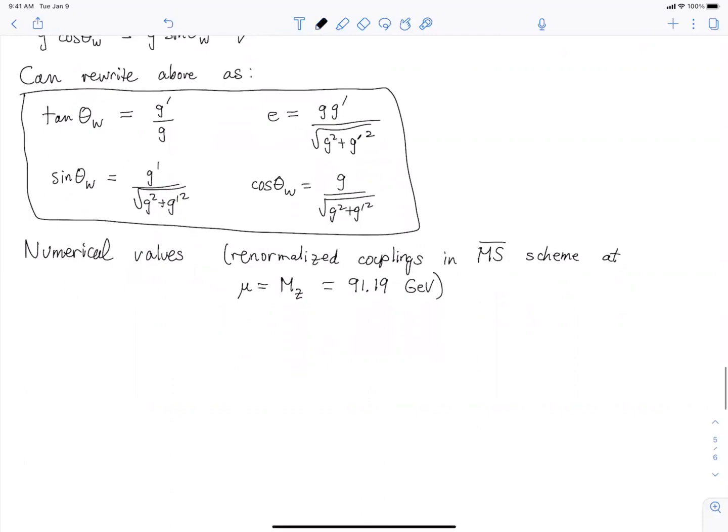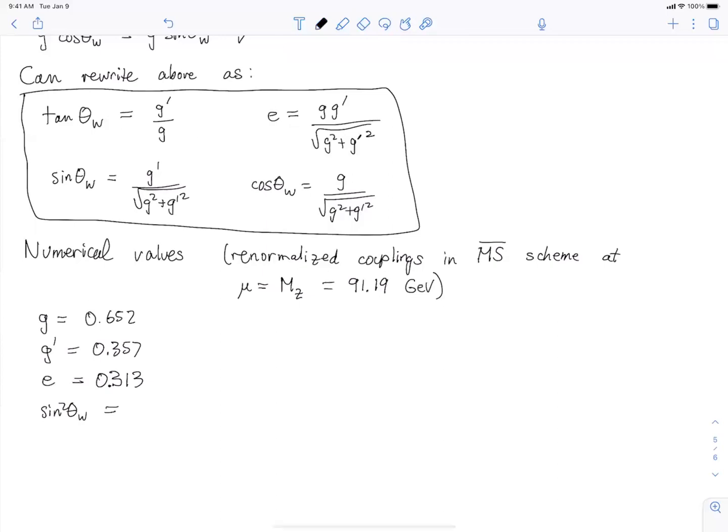So with that, G turns out to be about 0.652. G prime is 0.357. E is, I'm just going to write down the first few digits, even though it's known much more accurately than this, 0.313. And sine squared theta weak.